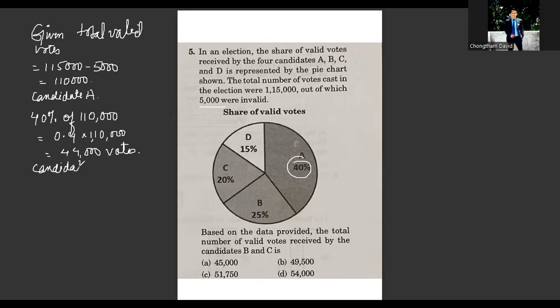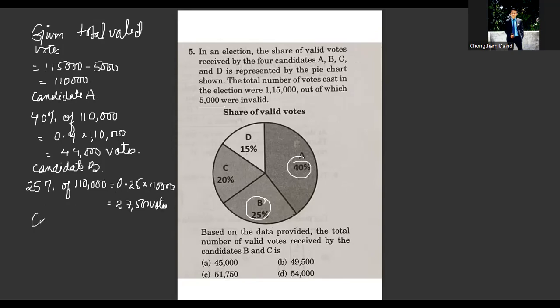If we look at candidate B, how many percentage is it? 25 percent. So 25 percent of the valid votes, 1,10,000, you would get 0.25 times 1,10,000. You now have 27,500 votes.